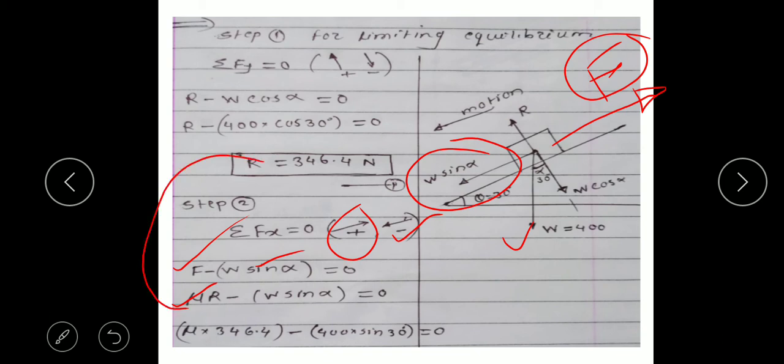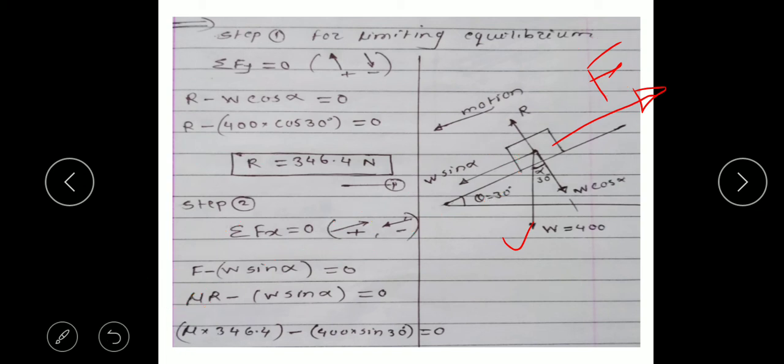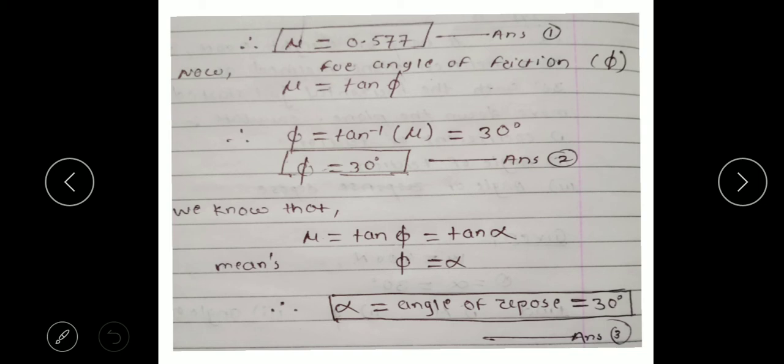So mu into 346.4 minus, we know the value of W, 400 into sin 30 equals 0. From that equation only one value is unknown, that is mu, and the answer is mu equals 0.577, and that will be the first answer.